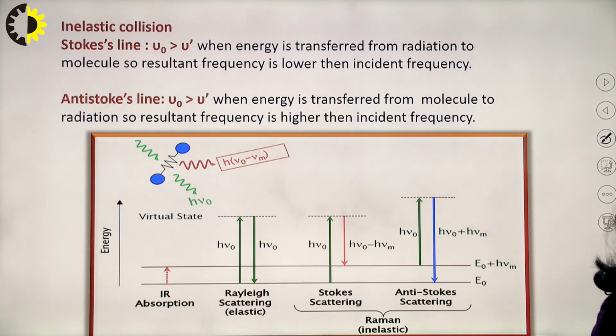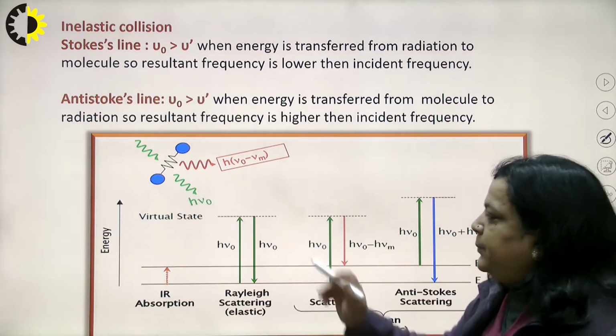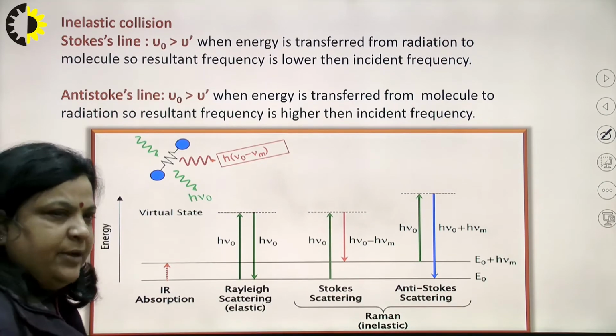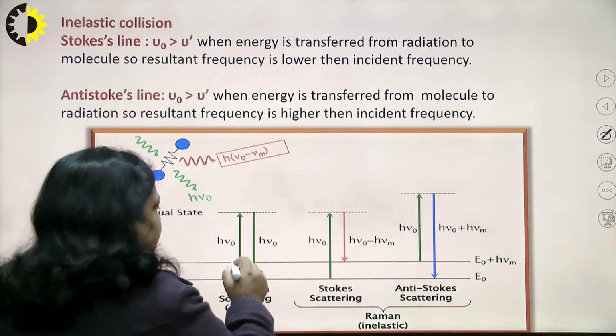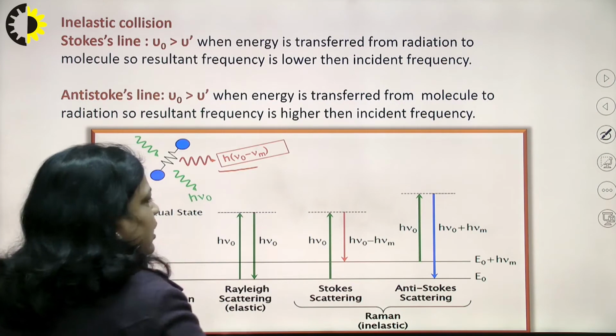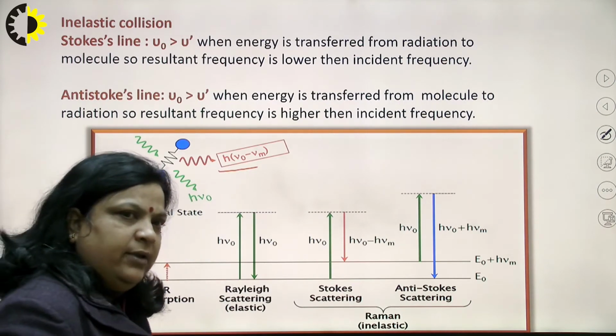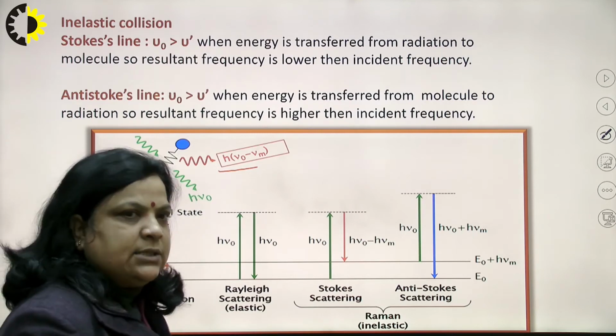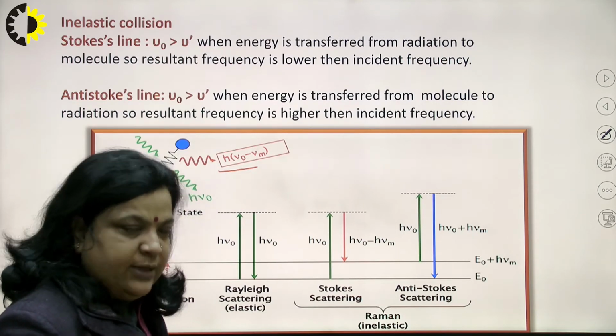Again we take the condition of inelastic collision, and suppose these are the vibrational energy levels and this is the excited electronic level. If the electron goes from the ground to the excited level, then this phenomenon is called phosphorescence or fluorescence.